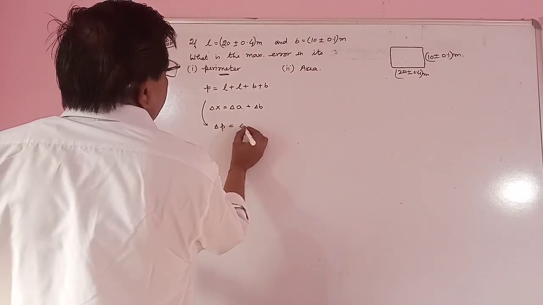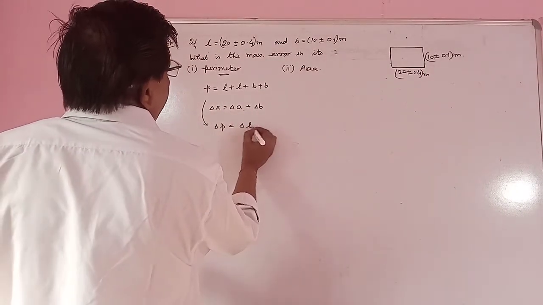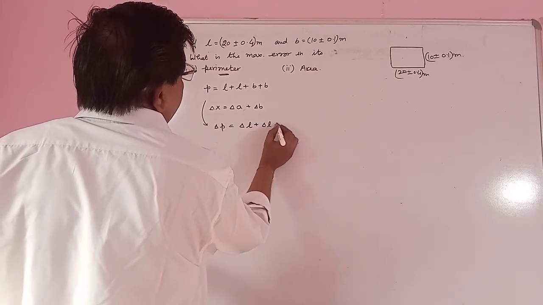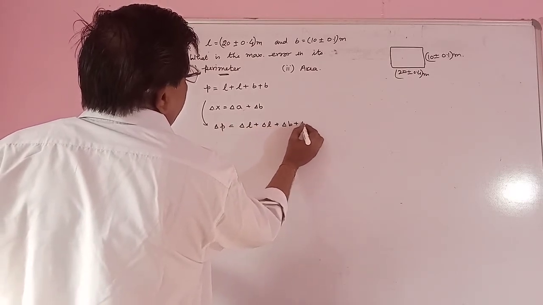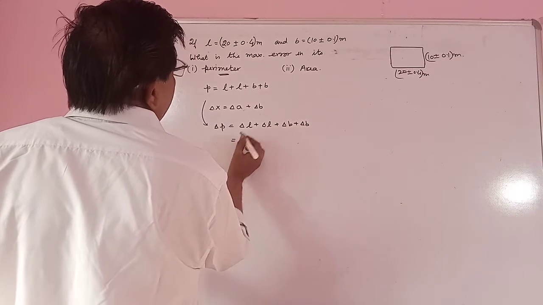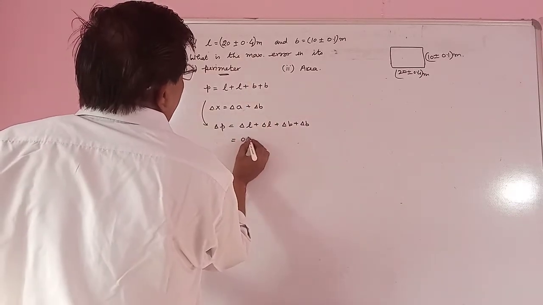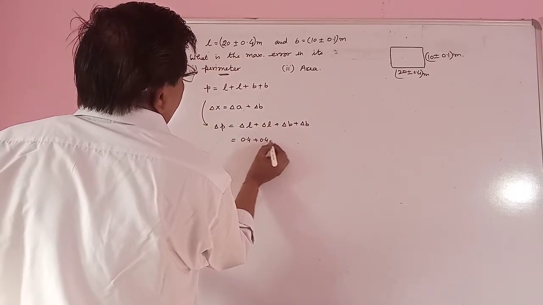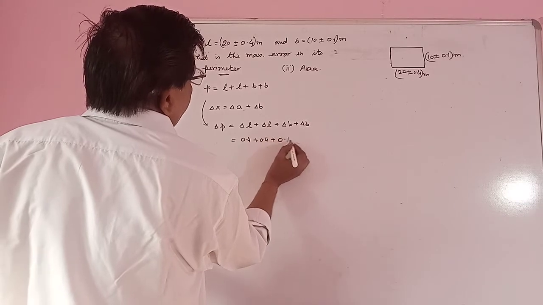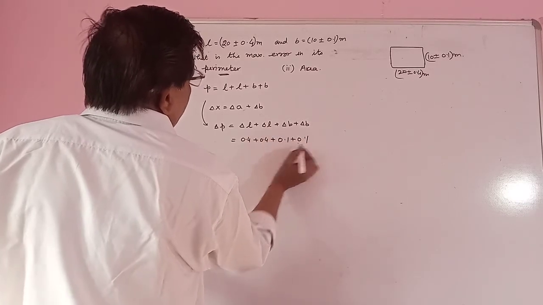What is delta P? Delta L plus delta L plus delta B plus delta B. That means 0.4 plus 0.4 plus 0.1 plus 0.1.